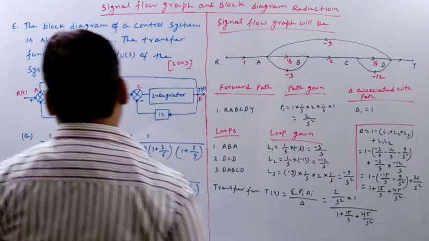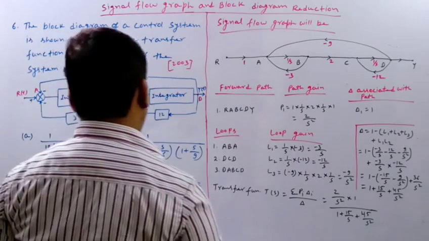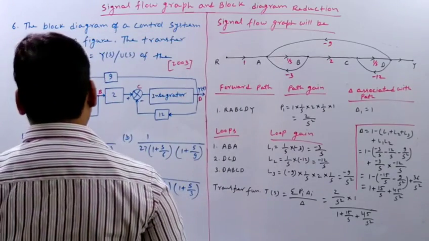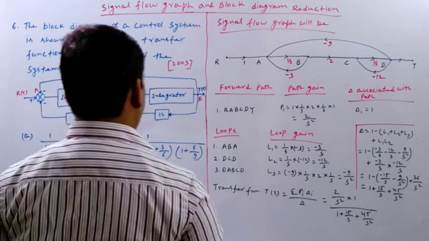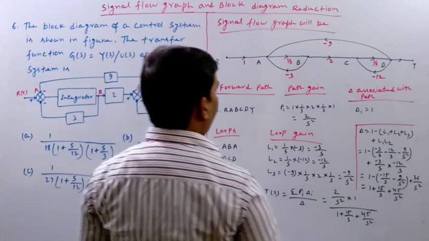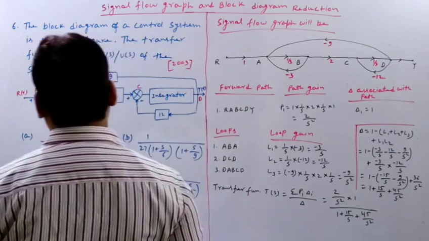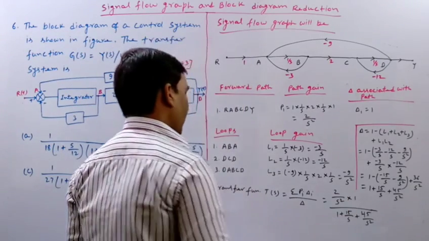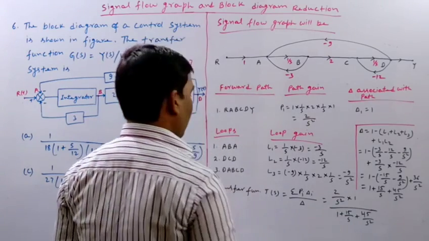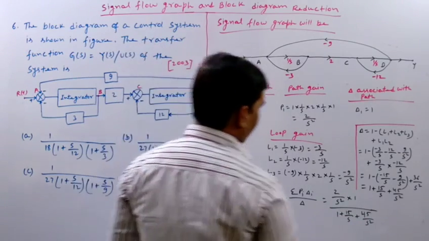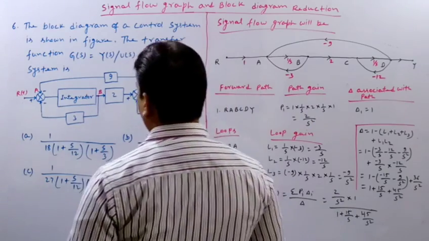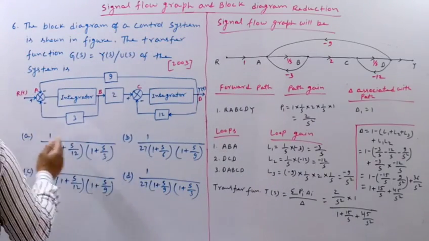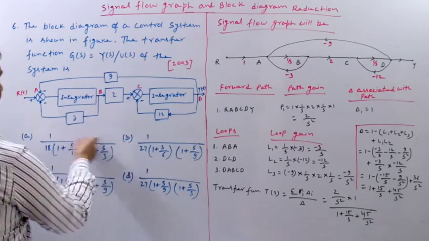Now what we have to do is multiply the numerator and denominator both by s square. So the numerator will be 2 only, because in the numerator there is no alternative which is having any other value than 1.